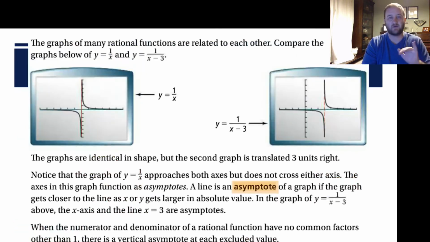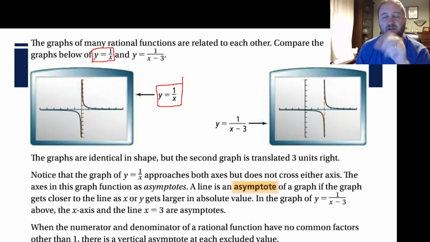Okay, now if we go over to this next part here, we can see where these excluded values come into play. So the graphs of many rational functions are related to each other. Compare the graphs below of y equals 1 over x. Okay, so here we've got y equals 1 over x. The excluded value here would be x equals 0, right?